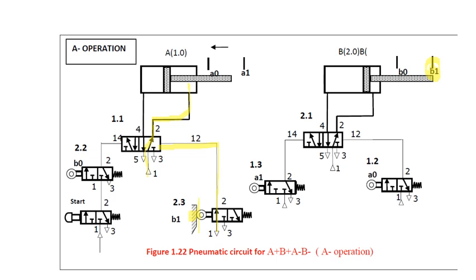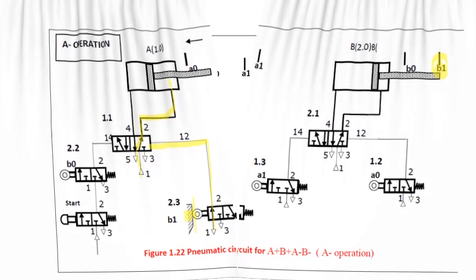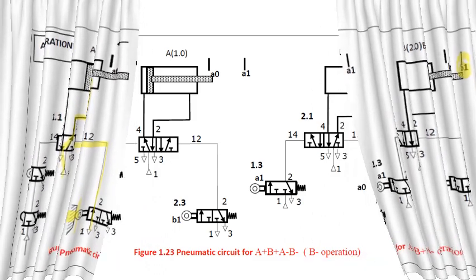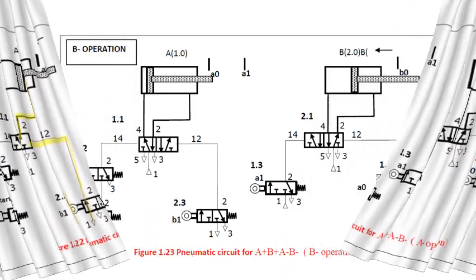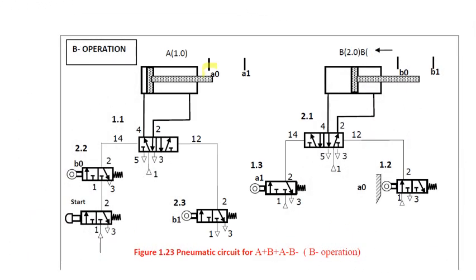When A retracts, the next condition is that it again comes back and hits the A naught.